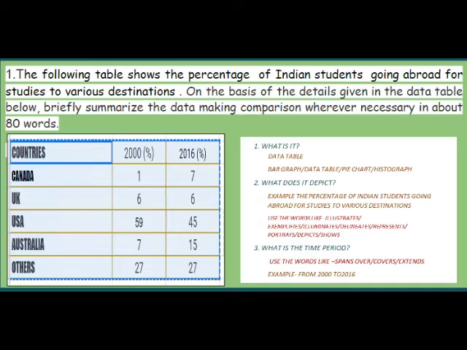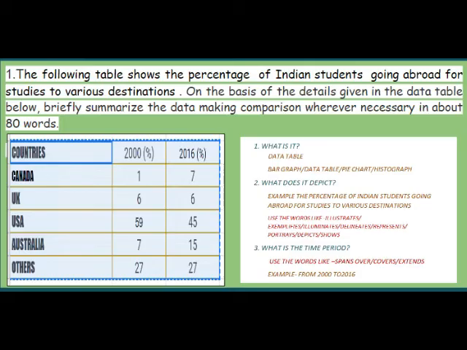As the question is related to a data table, you'll be starting with lines that the data table represents or illustrates. The vocabulary is given on the screen, so you can use any word which suits you.